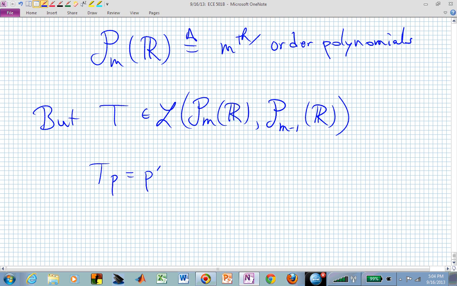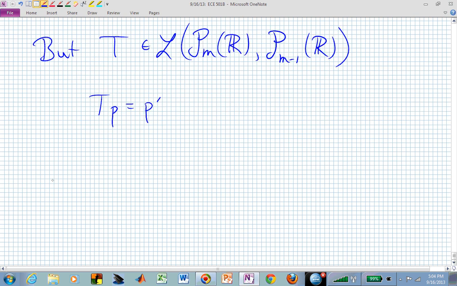Is that surjective? Can we get to any point in this M minus first order polynomial space from mth order polynomials by differentiating once? Hopefully it's clear that it is surjective now. So this is surjective, that map for fixed M.